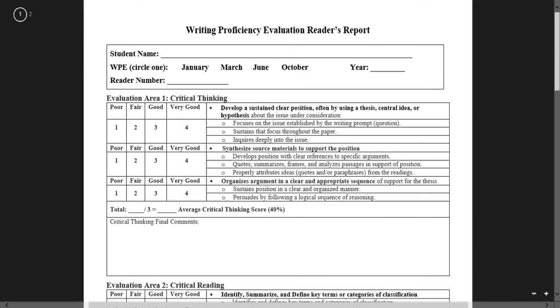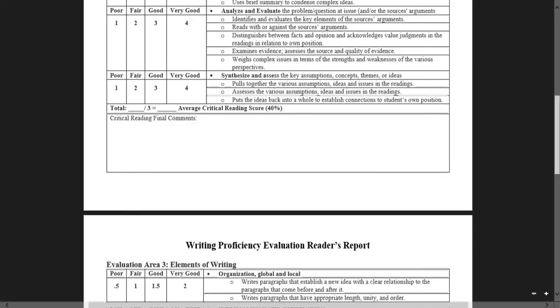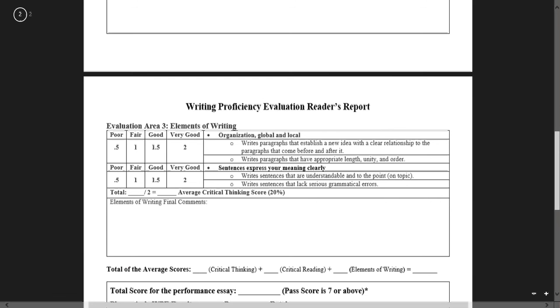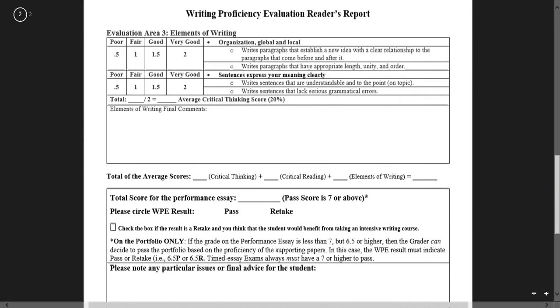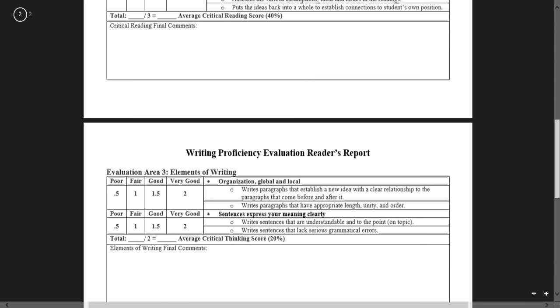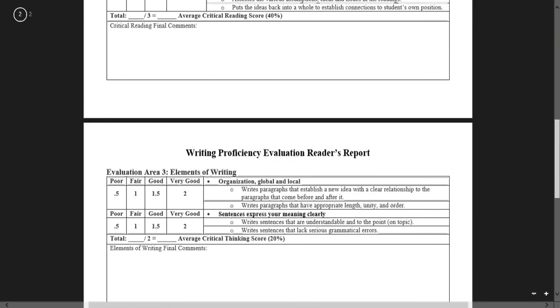Note that in the writing proficiency exam, you have to get at least a 7. But we're going to keep working on them. So don't feel like if you don't get a 7 with your first draft that you're going to fail the class. Okay. And then finally, I'll write some sentence notes so that I can get into a little more detail on what I want you to do further beyond these 1, 2, 3, 4 circles.